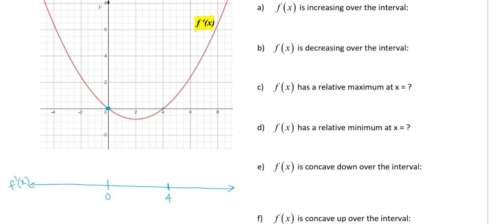Now instead of finding where the first derivative is 0 algebraically, I just looked graphically. The first derivative function crosses the x-axis, or is 0, at x equals 0 and x equals 4.